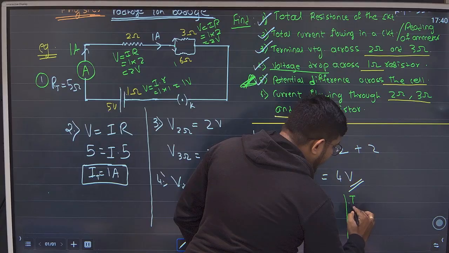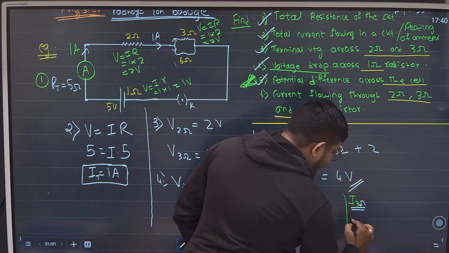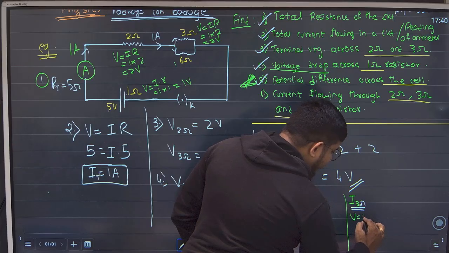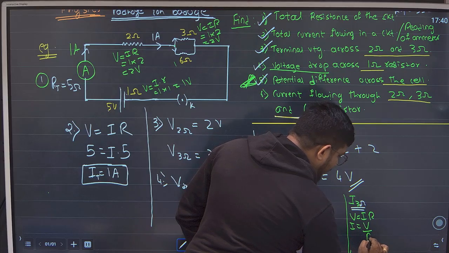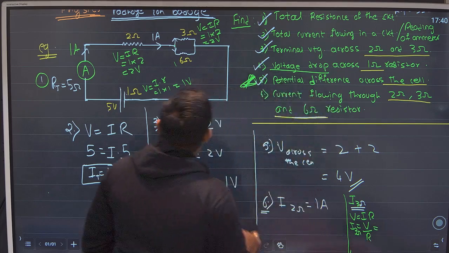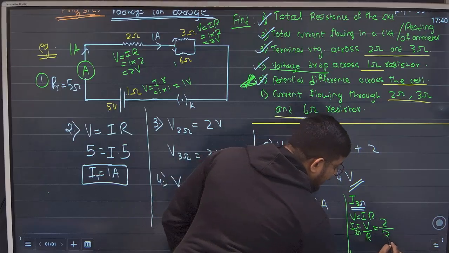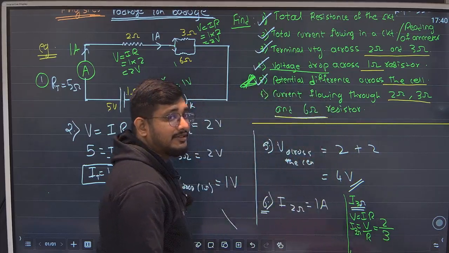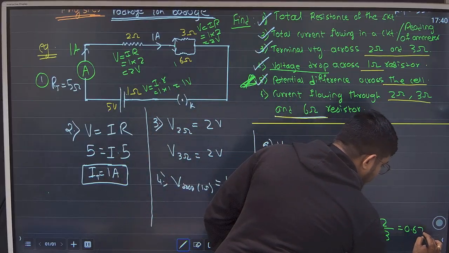So current in 3 ohm will be, we know that V is IR, so I will be V upon R. In 3 ohm, how much is V? 2 volt. How much is R? You know, 3. 2 by 3, 0.67 ampere.